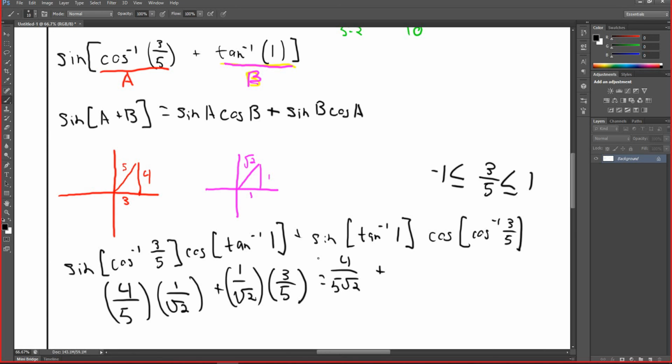Plus 1 times 3 is 3, then 5 times 2. We now have 7 over 5 root 2. Then it's the same process as before, where we multiply by root 2 over root 2 to cancel out the root. So we get 7 square root of 2 all over 10.